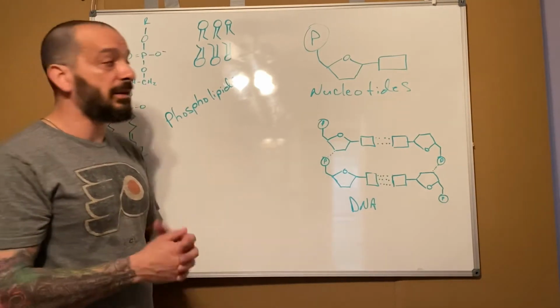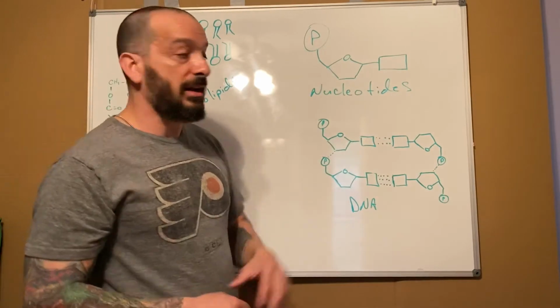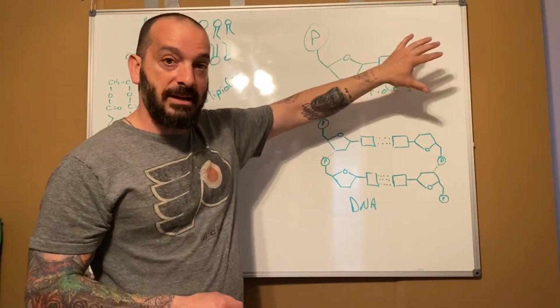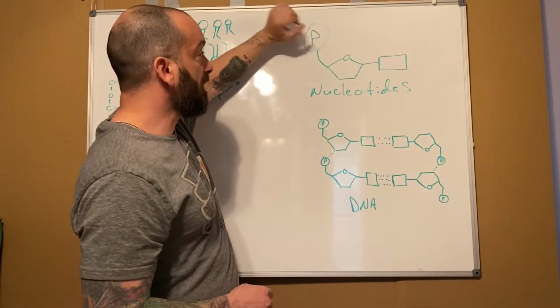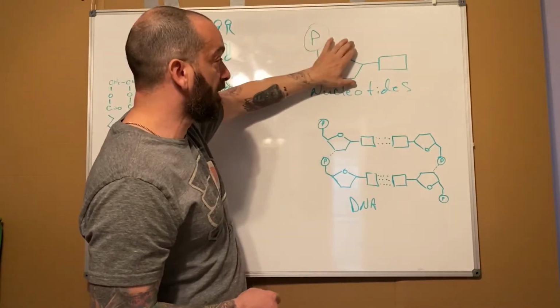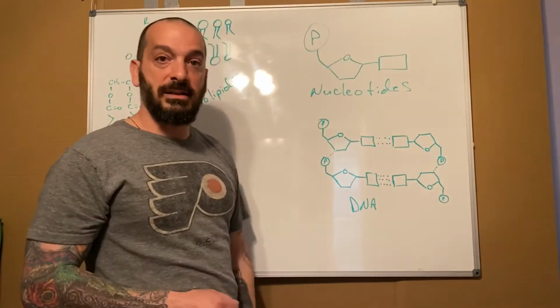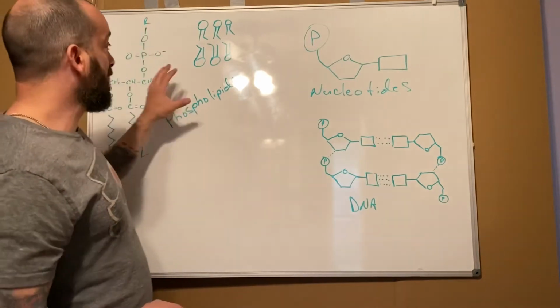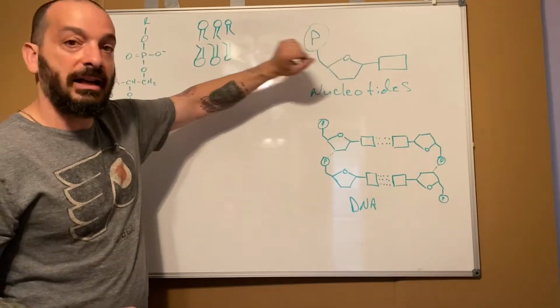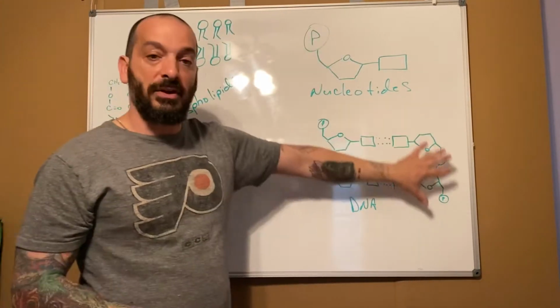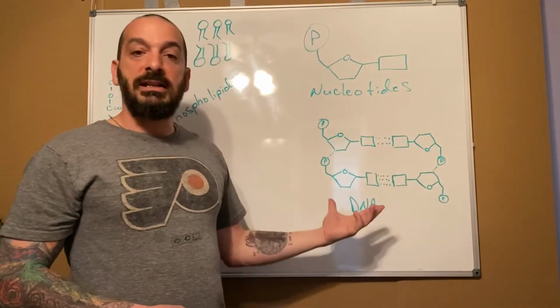We also learned about nucleotides, and they're also made up of arrangements of atoms. We have the phosphate group, the sugar, and the nitrogen-containing base. Just like the phospholipids, once you have the nucleotide, those nucleotides line up with other nucleotides and create DNA.